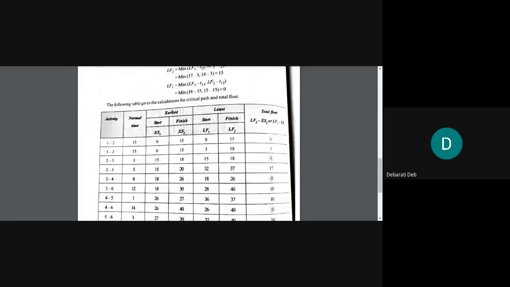Now after 6, let us move on to 5. LF5. Write down LF5.